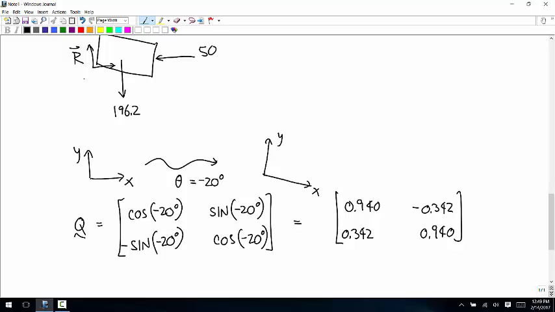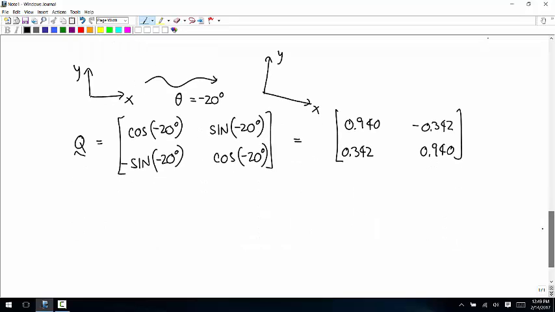The other way you could do it, I think the way I did it in the solutions, is you can take the dot products of that R with unit vectors in the direction you want. So take a dot product of R with a unit vector that's parallel to the surface. So that would be 0.940, negative 0.342.